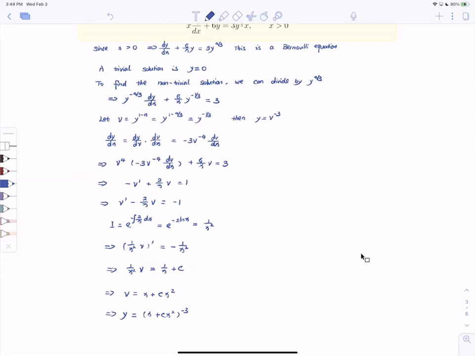Okay? Where did the v come from? It comes from here. You need to substitute your v back into the ODE. Yeah. Any other questions?